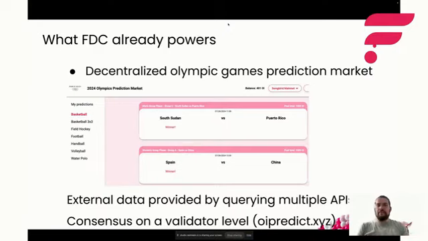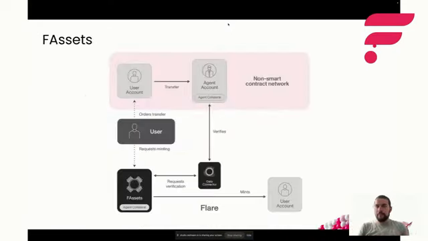This is currently not running because the Olympics are not on anymore, but it was a nice example of how Web2 data can be integrated with blockchain, and made sure that at each of the steps you take in making a prediction, acting upon it, and executing it, you don't have to trust anyone. All these links in these steps are always verified by the whole stake, by the whole network.